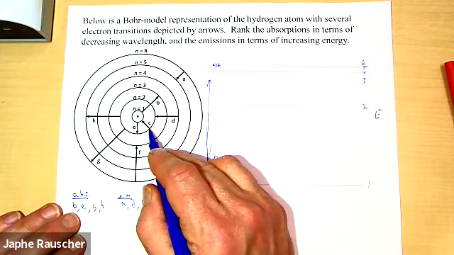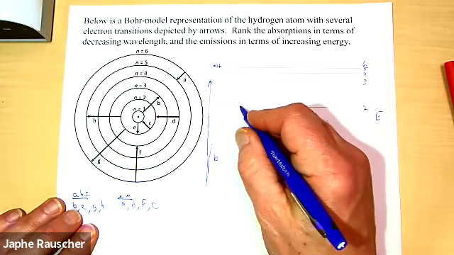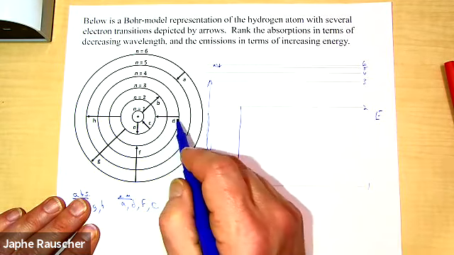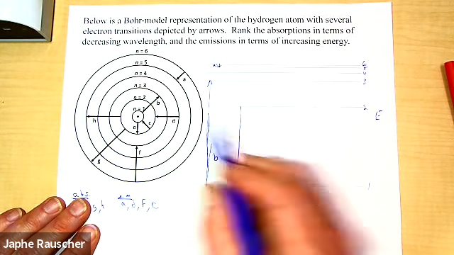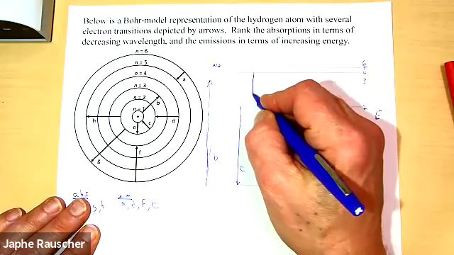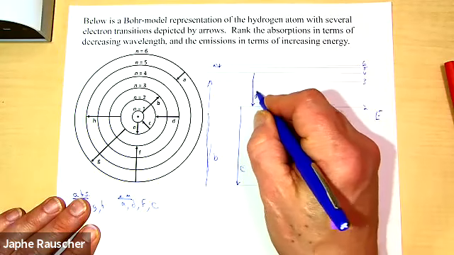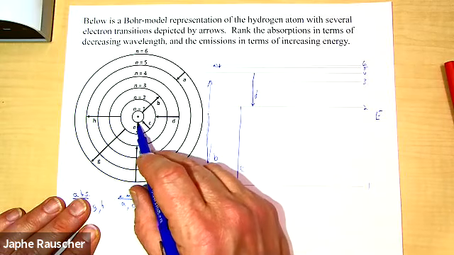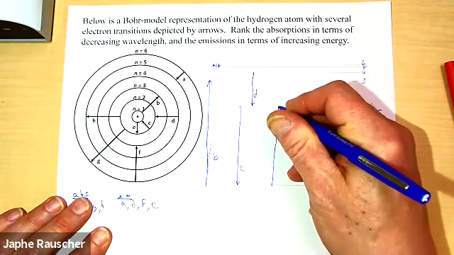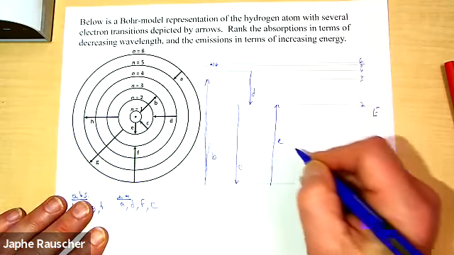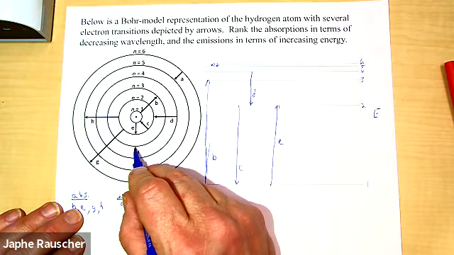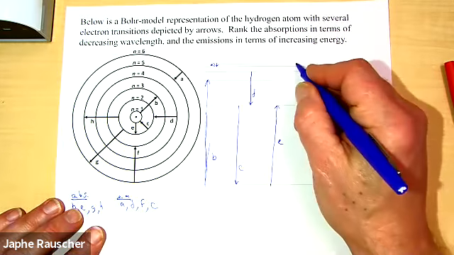C goes from 2 down to 1. D goes from 4 down to 2. E goes from 1 up to 2. F goes from 6 down to 3.